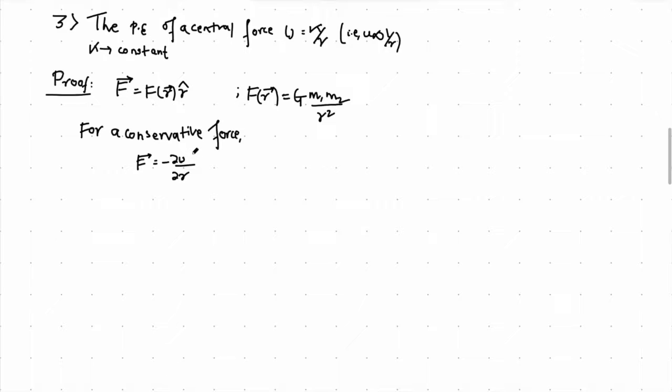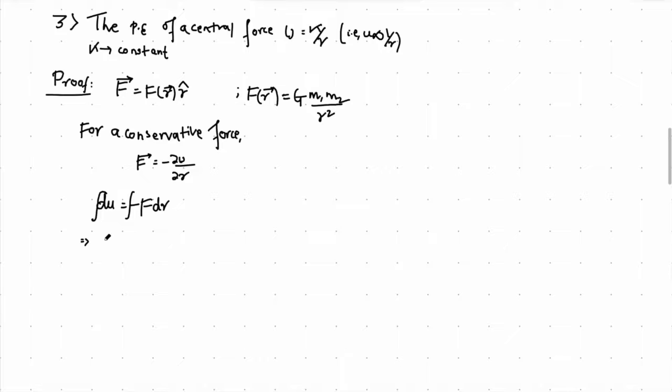So in general, if I want to find out the potential energy from this, I can simply write it down as dU. We know that the force is a pure function of only r, so I can take the total derivative instead of the partial derivative. I can take dU on one side and minus F dr on the other side if we do the cross multiplication, and integrate on both sides to find the total potential energy.